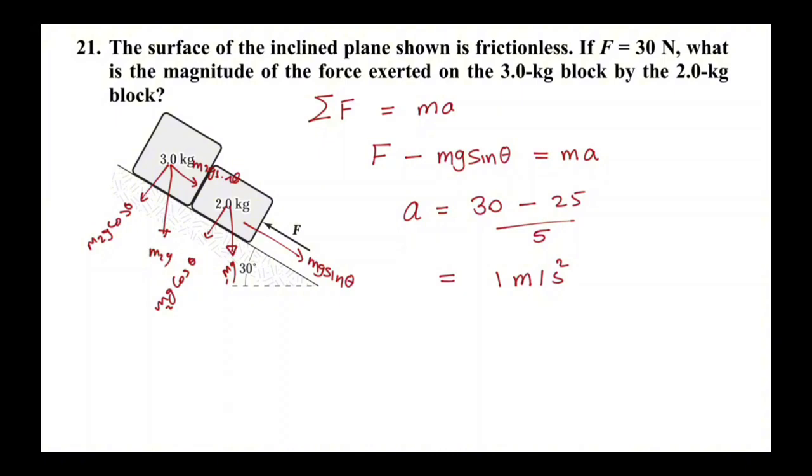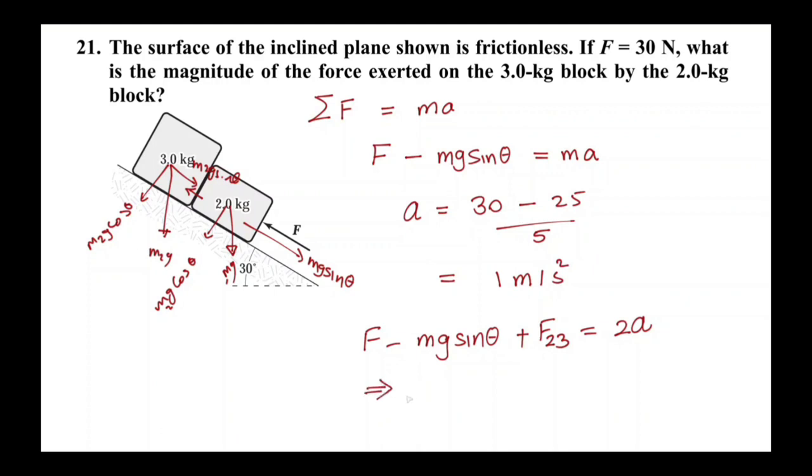We are actually looking for the force exerted on the 3 kilogram object by the 2. In this case, F minus mg sine theta plus F 2 on 3 equals 2a.